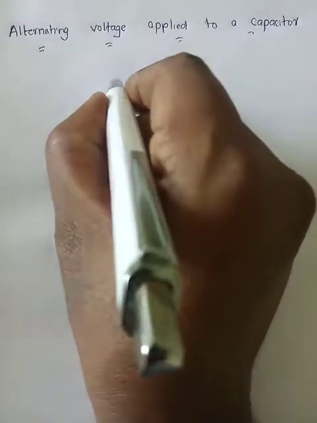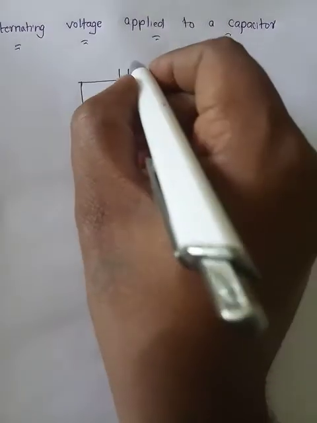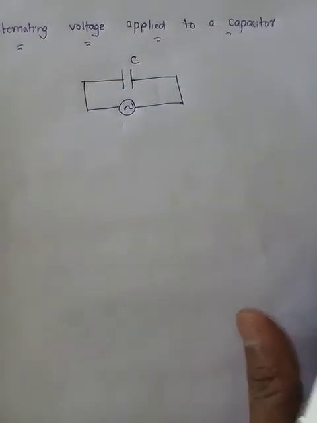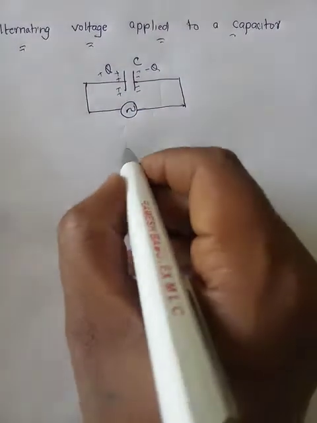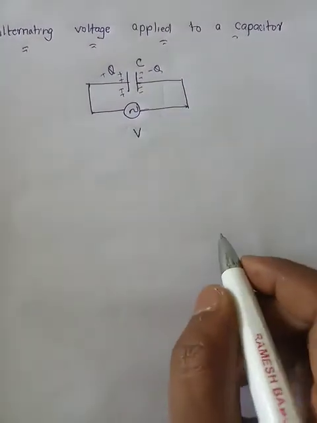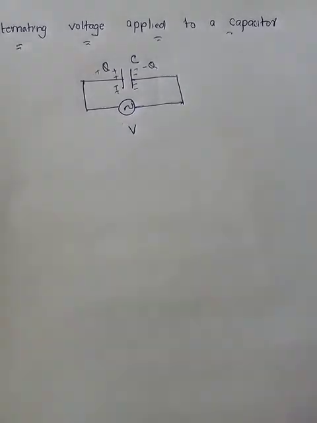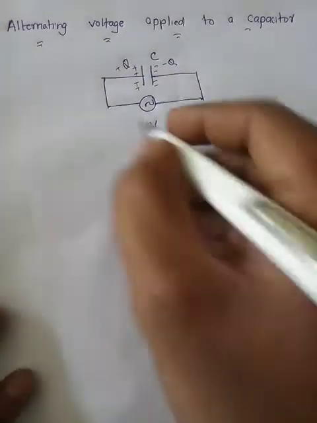In this case, we connect a capacitor, which in turn is connected to an AC source. Let us consider the capacitance of the capacitor is C and the charge enclosed by this capacitor is Q. We apply alternating voltage V and the current starts to flow through the capacitor.